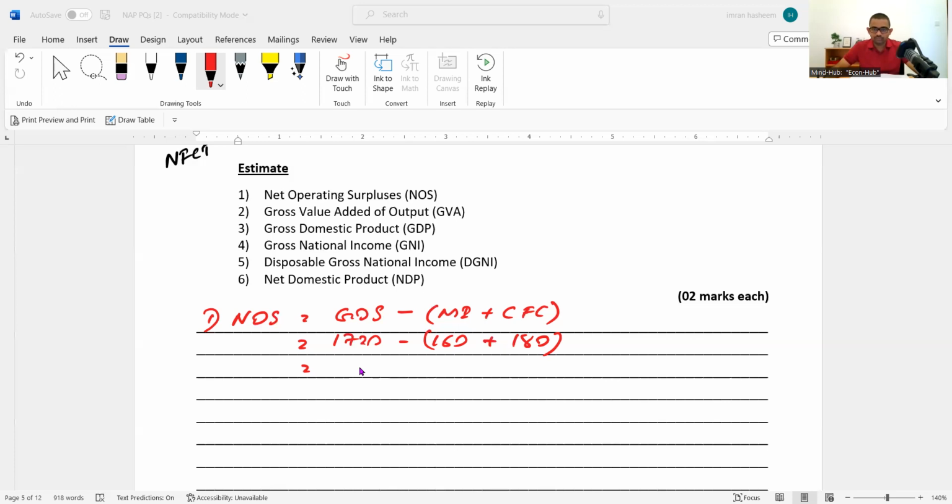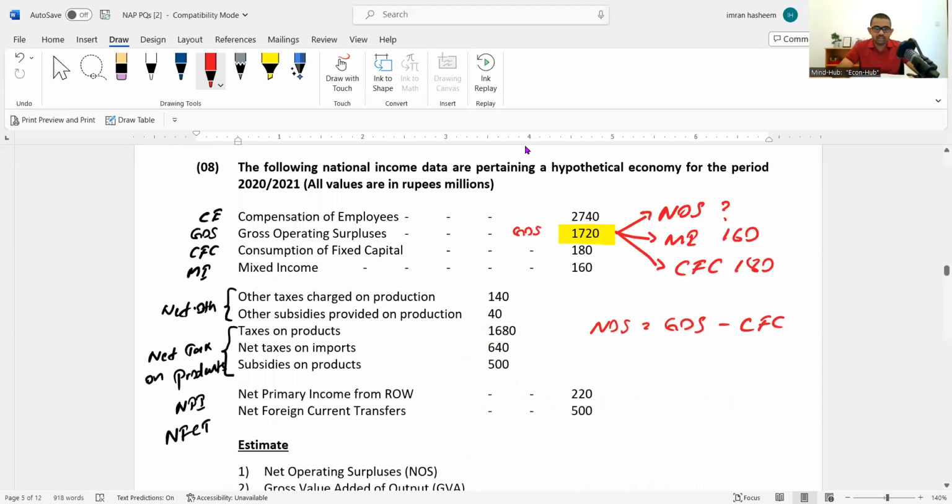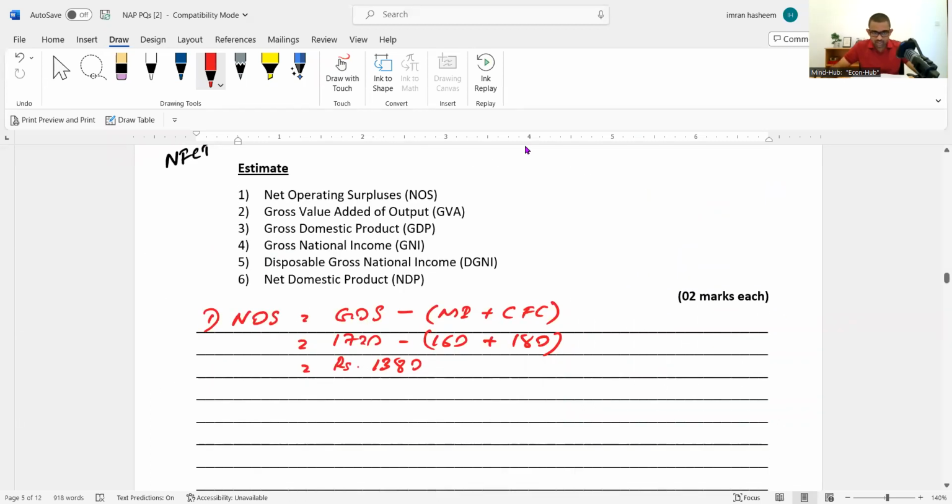Quickly. Attention, comprehension, memory. Rupees 1380. I think the values are given in millions. Write the final answer that way, and only then it's correct. 1380 million.